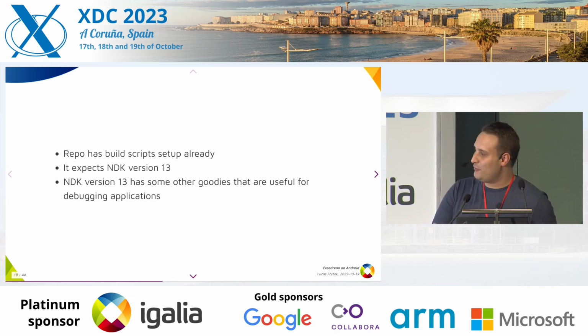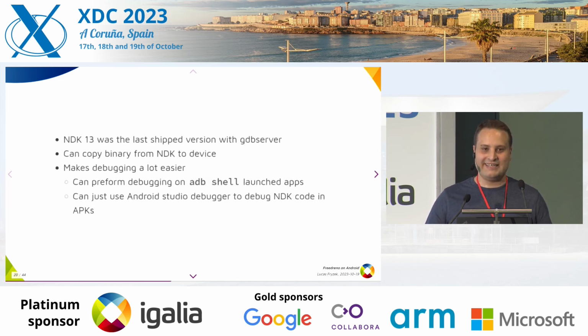And one very useful thing for us is that Google used to ship debugging tools with NDK 13, including GDB server, which is very useful when you're running applications in this environment, because if you have some kind of bug, it's nice to actually debug it, and you do that with the normal Android debugger within Android Studio.